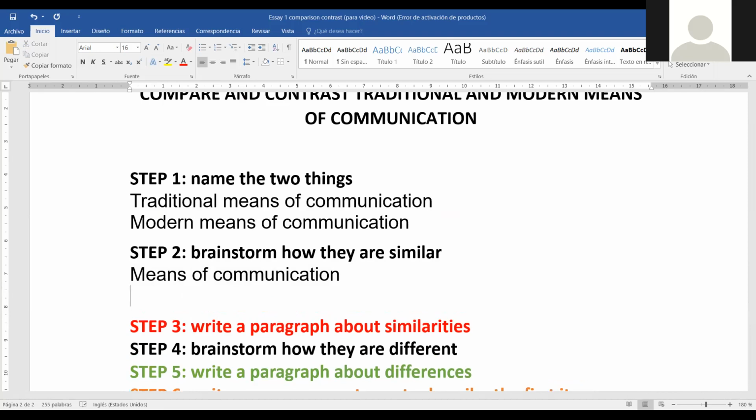You can talk about how they let people communicate. They both are in written form, probably. They both are spoken. Any idea that comes to your mind, Luis? Any other idea? I don't have any. Come on, Luis. Try to say anything that comes to your mind.